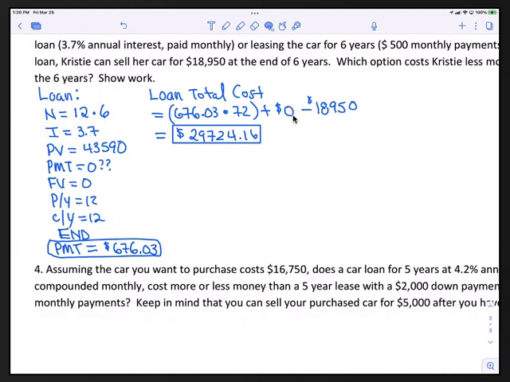If there was a down payment, you would add it here. And then you subtract the amount that you can sell the car for. That's the value of the car at the end of the loan, $18,950. When you put this in the calculator, you're going to get a total loan cost of $29,724.16.